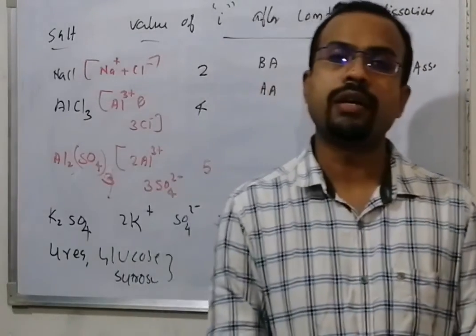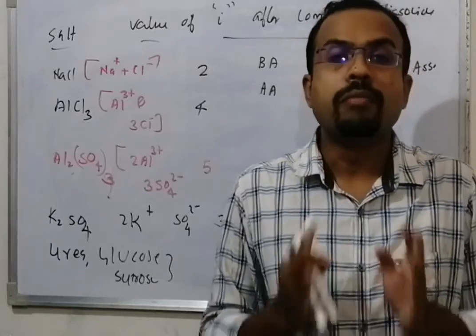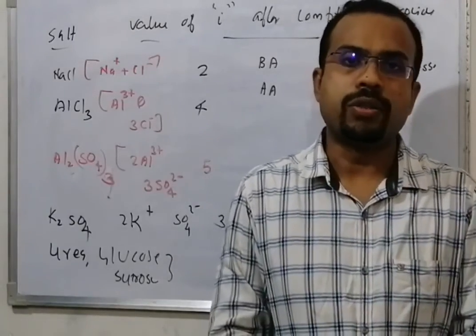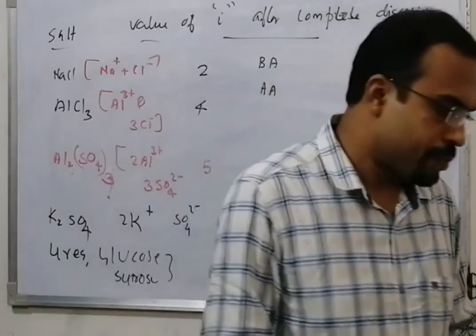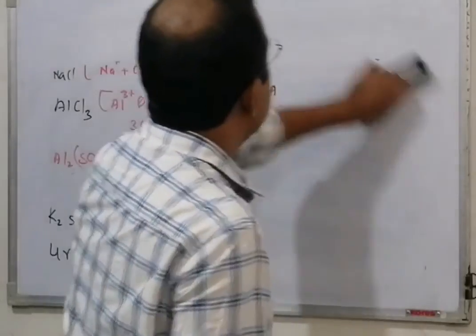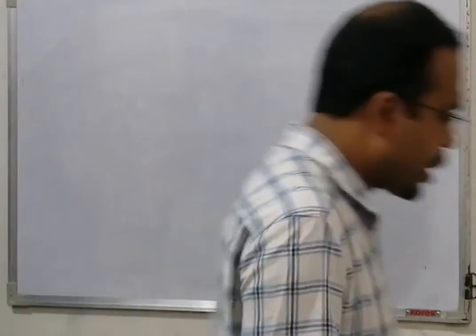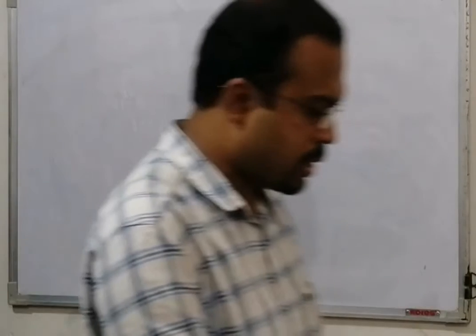Actual and calculated are the same. The number of molecules after or before dissociation are the same because there is no association or dissociation. Therefore, our equation for solving the numericals of colligative property should include the van't Hoff factor. Therefore, this is the summary. Students, this is the summary.